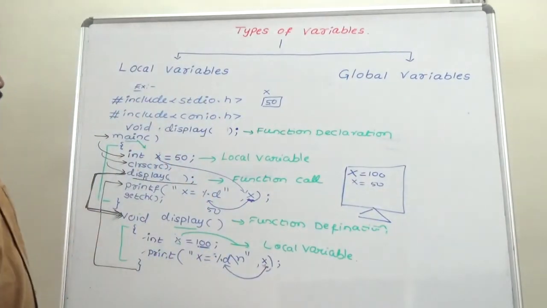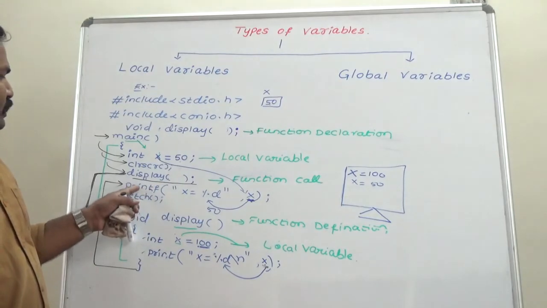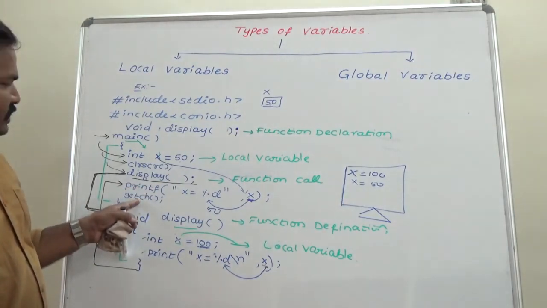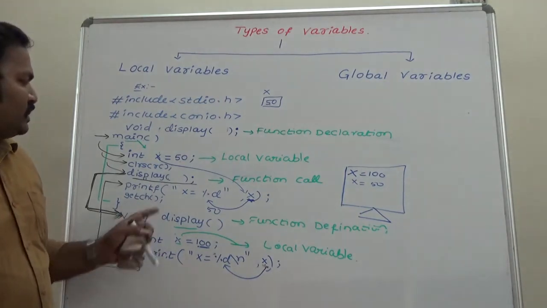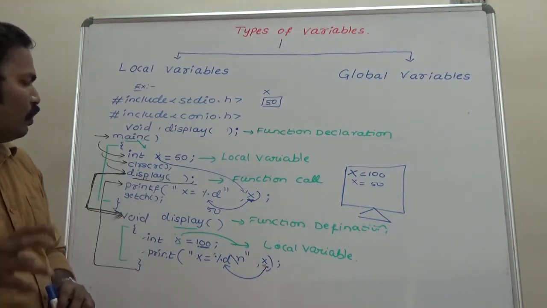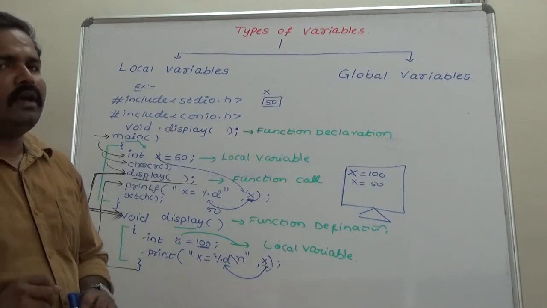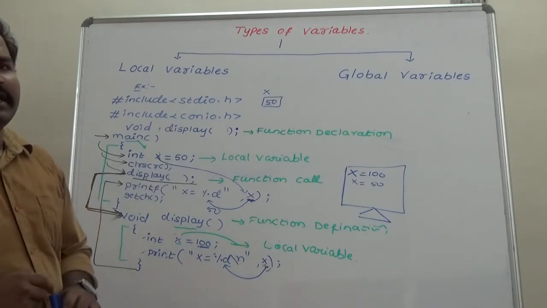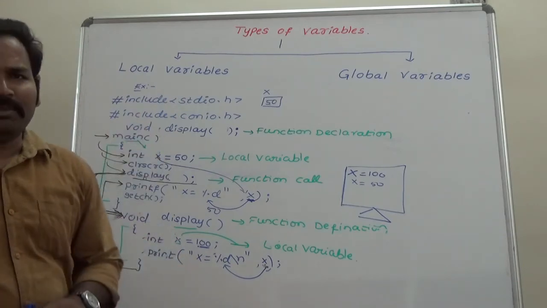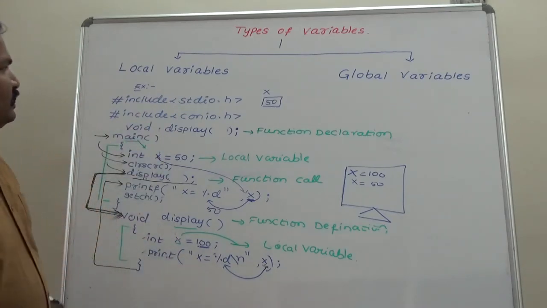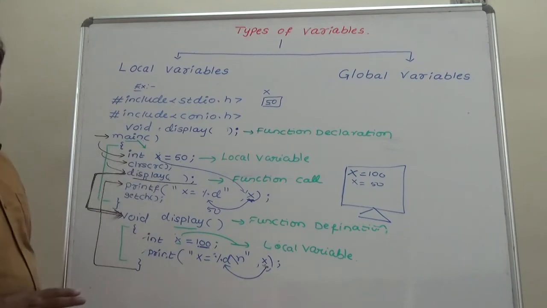Right. Next, the getch statement gets executed. So getch will hold the output until the user presses any key on the keyboard. Okay. So the program execution is completed. Okay. Clear? So this is about local variables.